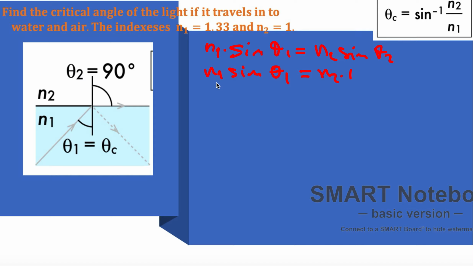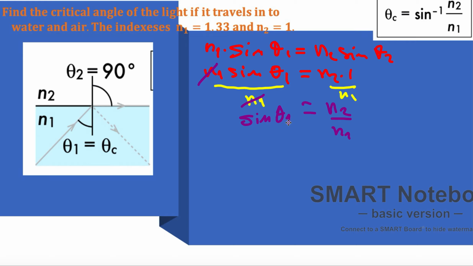So now let's divide everything by N1, both sides. Here N2 times 1 is N2, and when we divide by N1, this is going to be just N2 divided by N1. On the other hand, what remains on the left side is sine theta 1.